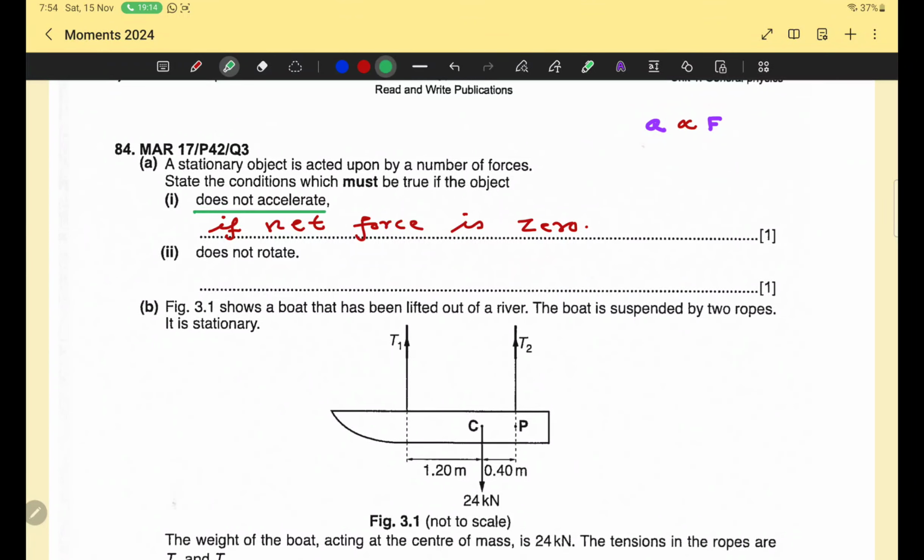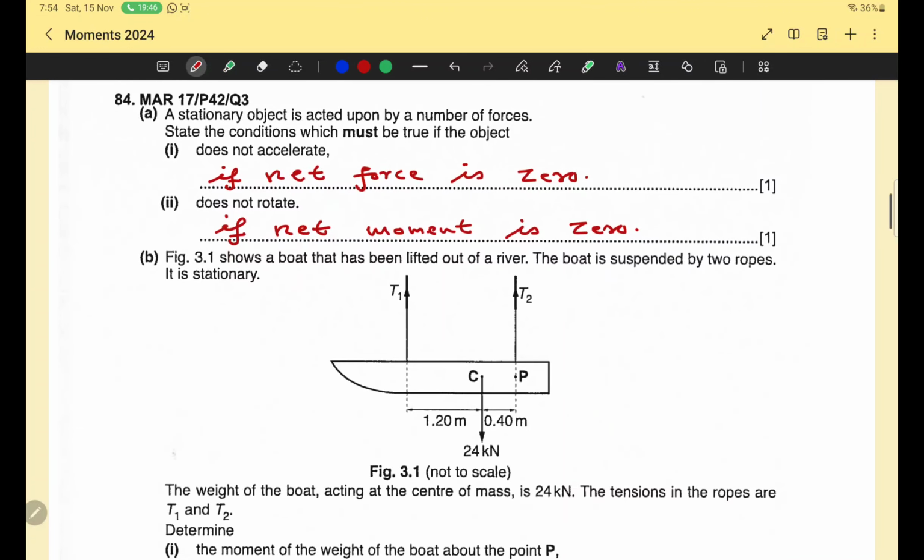In the same way, if net moment is zero, clockwise moment equals anti-clockwise moment, then the object does not rotate. So the object will be in equilibrium and it will not rotate.